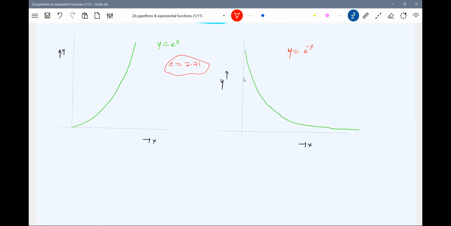It will vary exponentially. This is called an exponentially increasing function. This is an exponentially decreasing function. And that's the one basic difference we can put here.